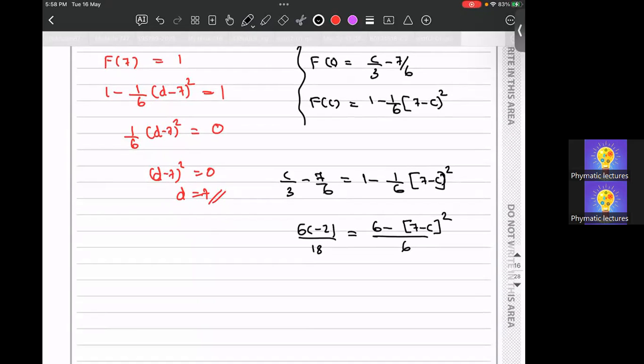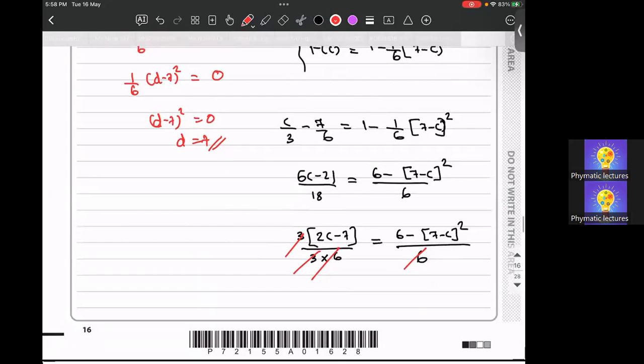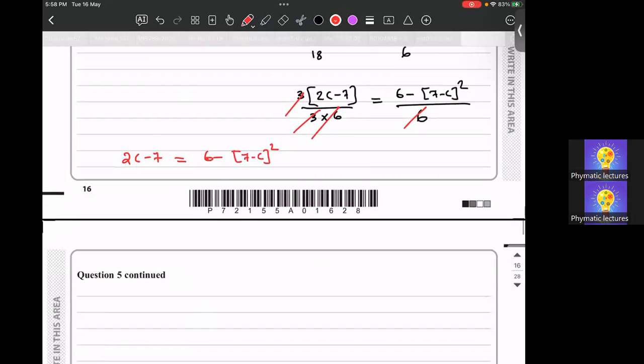From this numerator, we can take 3 common: 3 into (2c minus 7) divided by 3 times 6 is equal to (6 minus (7 minus c) whole square) by 6. We can cancel 6 and 6, and 3 and 3. We get 2c minus 7 is equal to 6 minus (7 minus c) whole square.